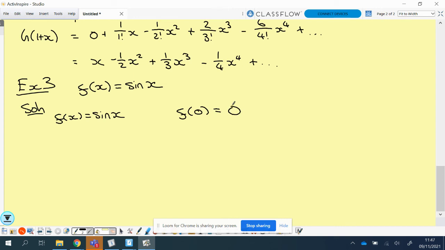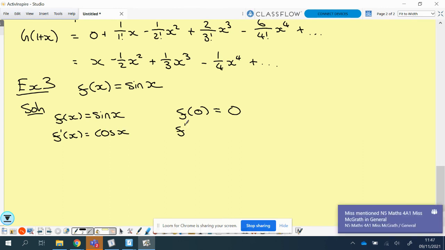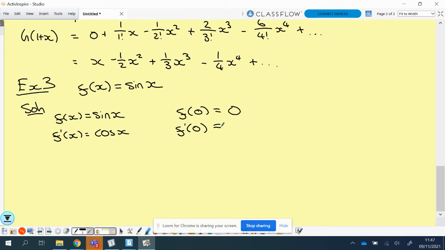If I differentiate sine, what do we get? Cos x, yep. It differentiates to positive cos. And if I put 0 into that, well, cos of 0, where does the graph start? 1. Okay. Second derivative: if we differentiate cos, then we get back to sine, but it's negative.